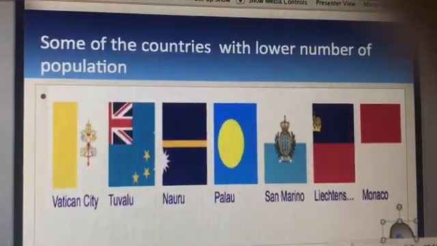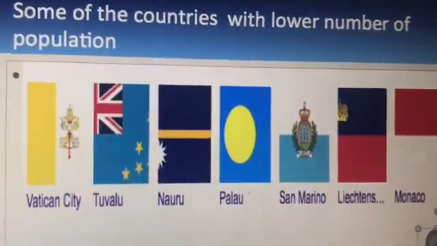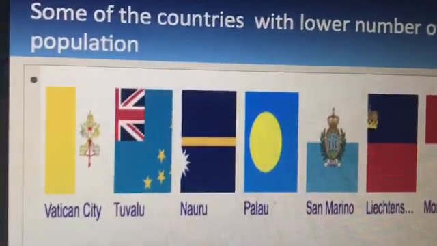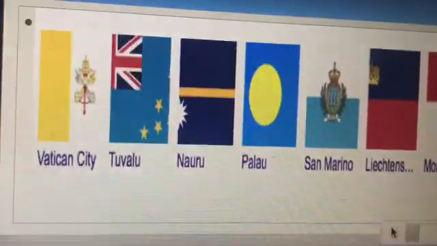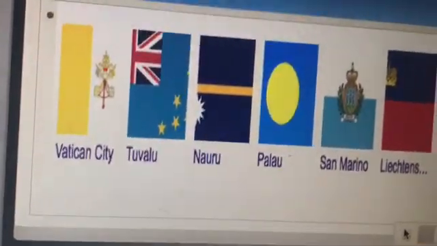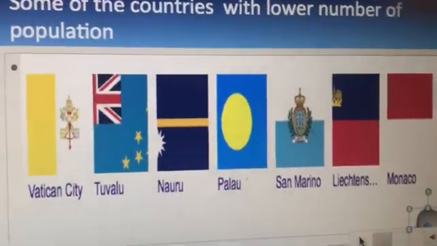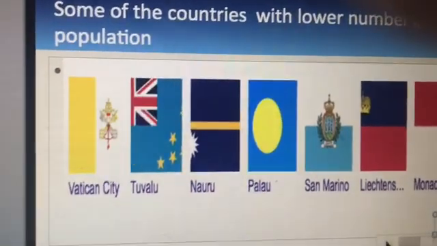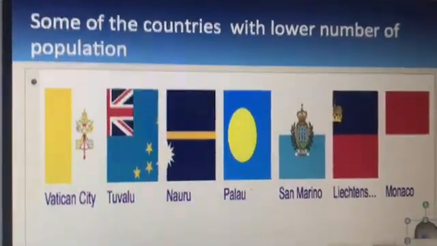It is important for you students to know that being a small country with few people is very different from being a big, large-kilometer country with few people. These that you see here are some countries with a lower number of population.